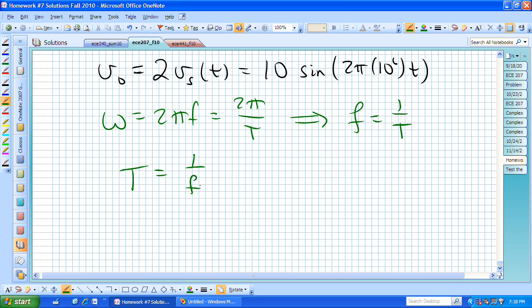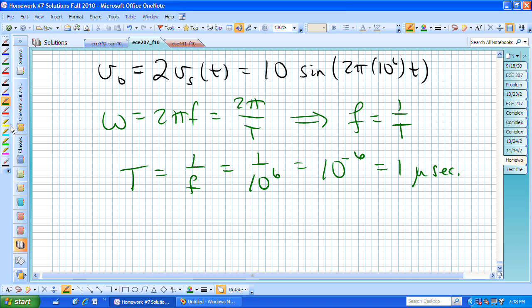We now know our period is 1 over f. F was 10 to the 6, or 1 megahertz, and so now we know that our period is 10 to the minus 6, or 1 microsecond. That's the period of our input and output sinusoid.